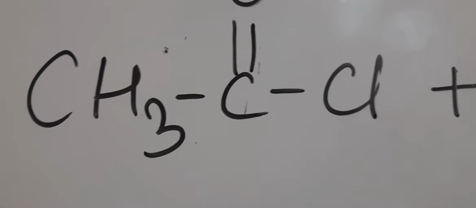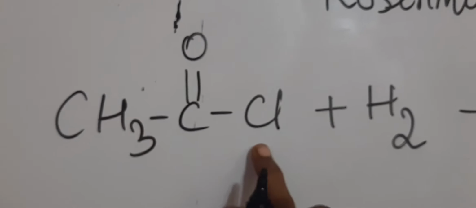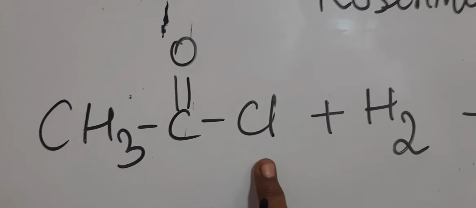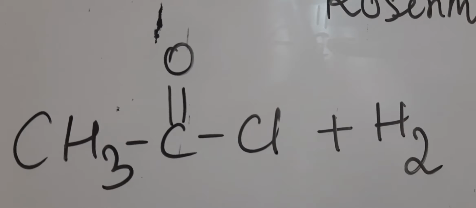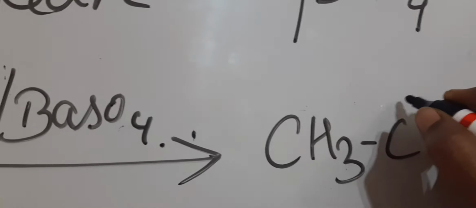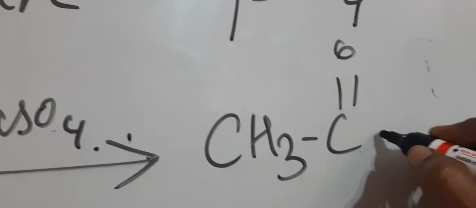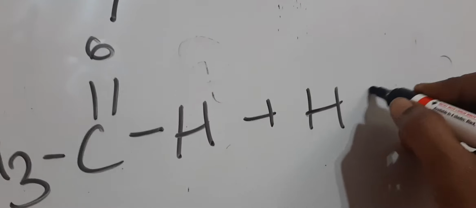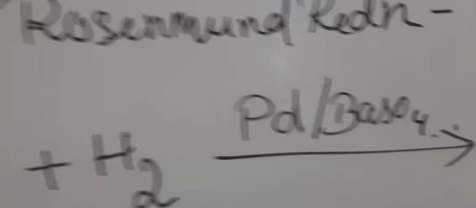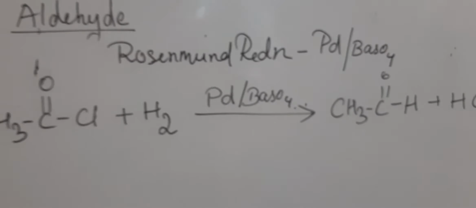When you do the hydrogenation, in the place of chlorine, hydrogen substitutes, and as a byproduct hydrogen chloride is removed. Now CH3 C double bond O, in the place of chlorine you get hydrogen, and the byproduct HCl is removed. So this is the Rosenmund reduction reaction.